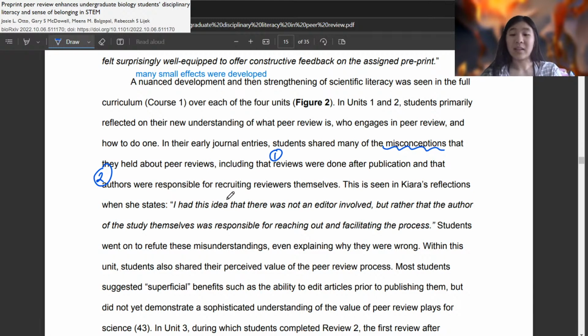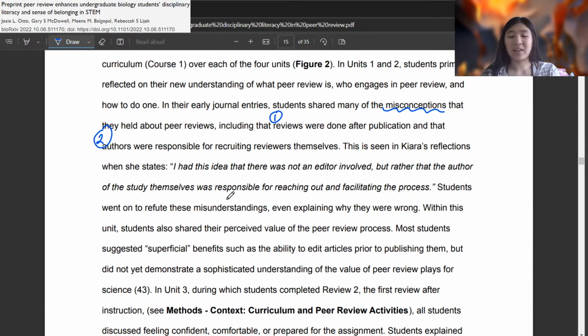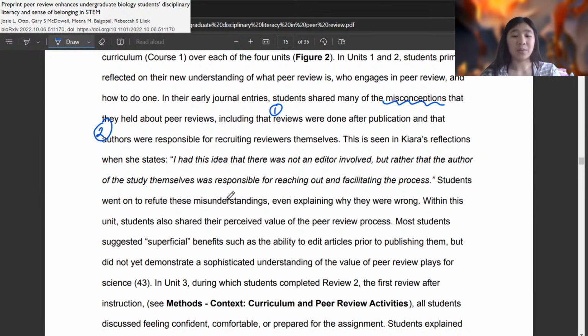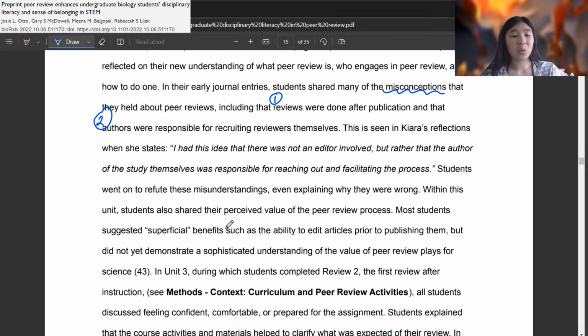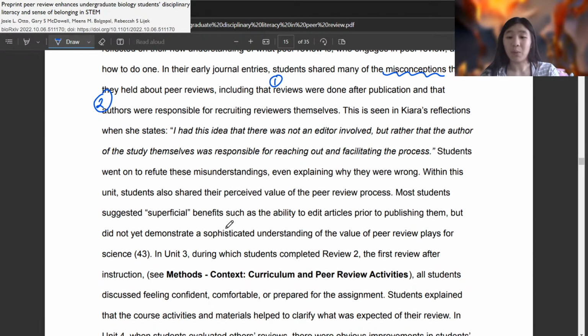So this is seen in Chiara's reflections when she states, I had this idea that there was not an editor involved, but rather that the author of the study themselves was responsible for reaching out and facilitating the process. Students went on to refute these misunderstandings, even explaining why they were wrong.